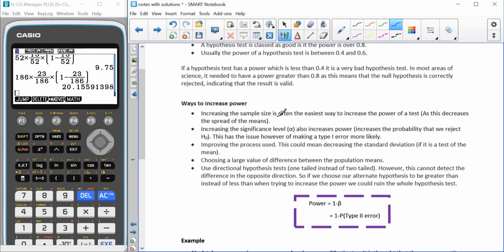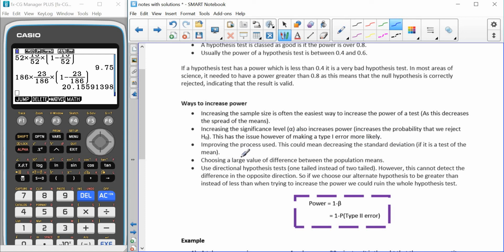So if we increase the sample size, it's an easier way to increase the power. We could increase the significance level, but remember that that's going to have the opposite effect on the type 1 error. We could improve the process, which means that we could decrease the standard deviation.